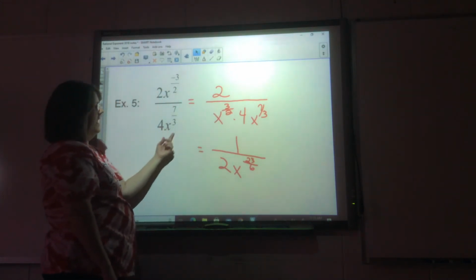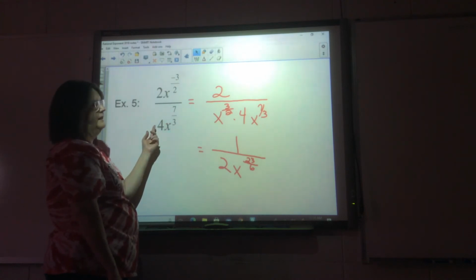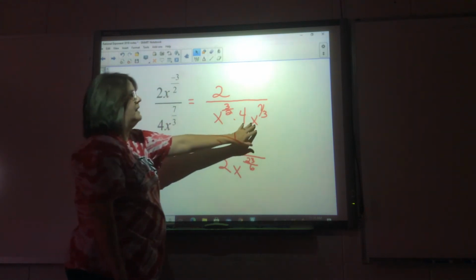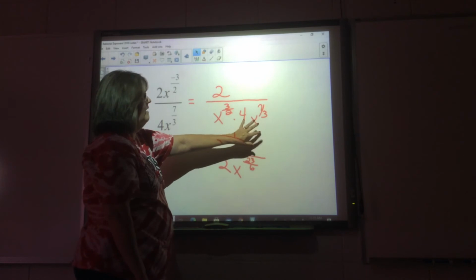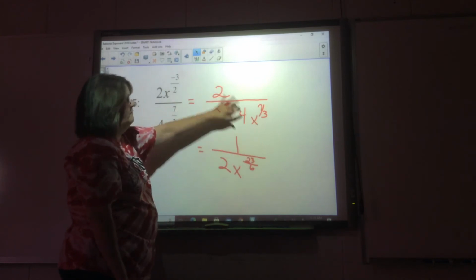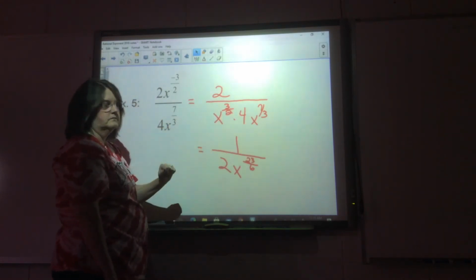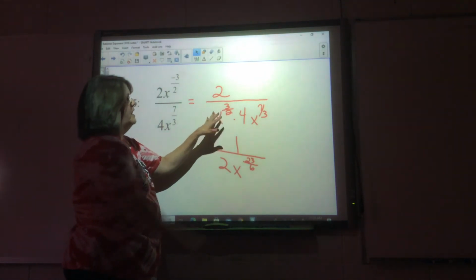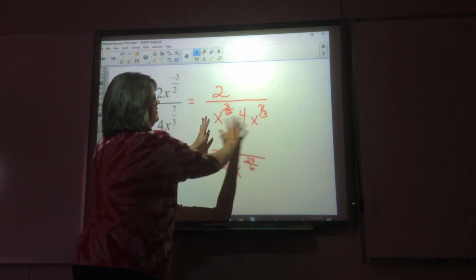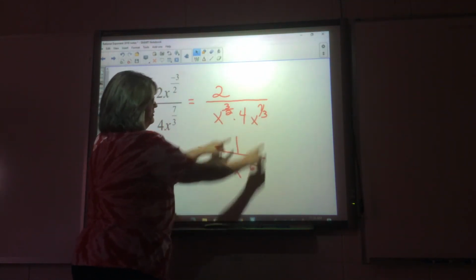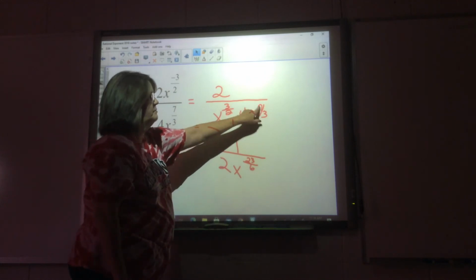Now, there are no negative numerators here, or negative exponents here, so I leave that there. And now I simplify. I have 2/4, which becomes 1/2. Okay? And then, because these are in the same place, they're both in the denominator, I add these exponents. So 3/2 plus 7/3 is 23/6.